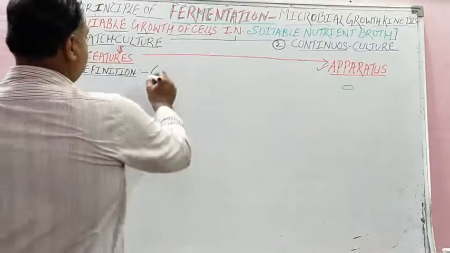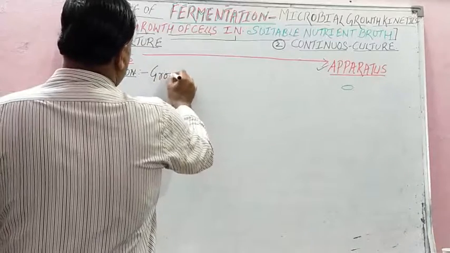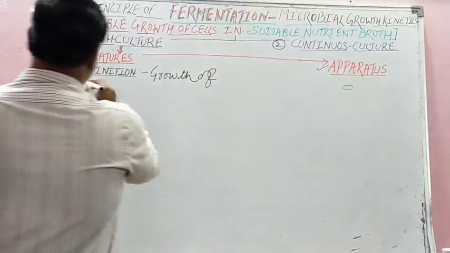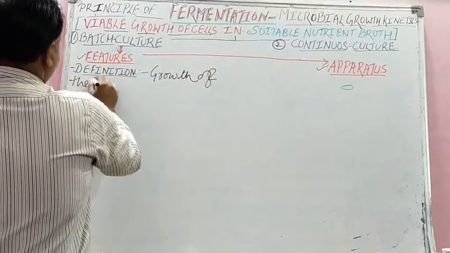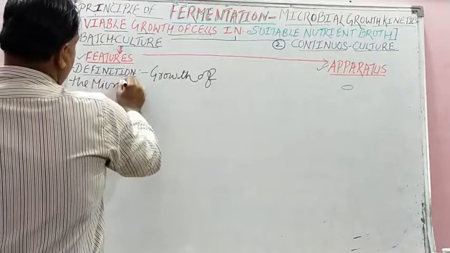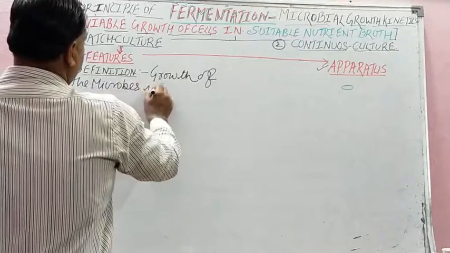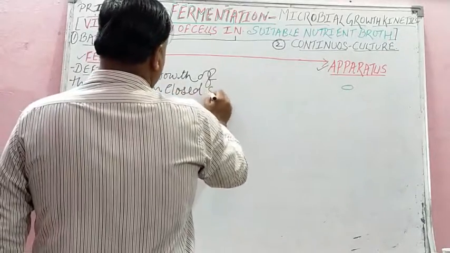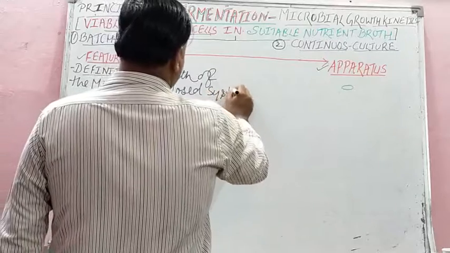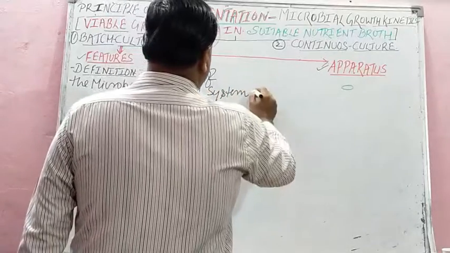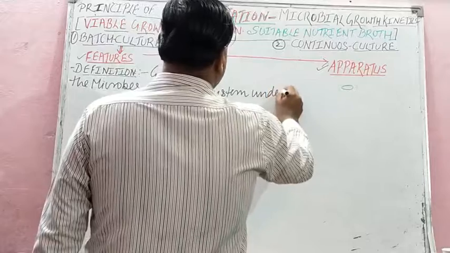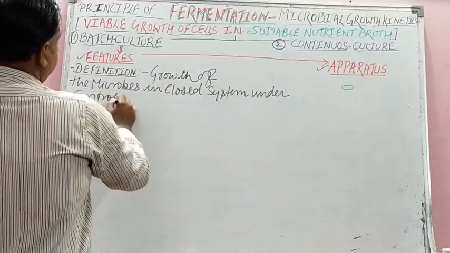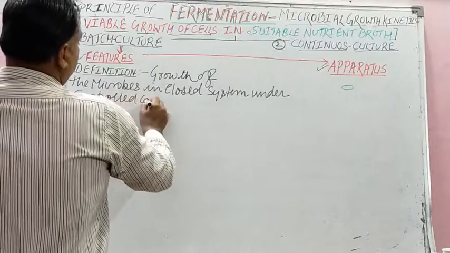The definition of batch culture is growth of the microbial cells or microbes in a closed system under controlled condition.